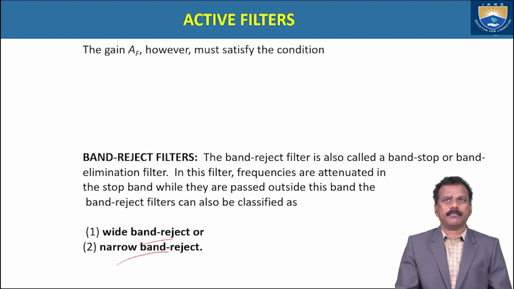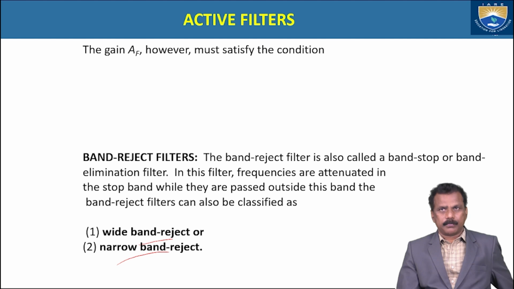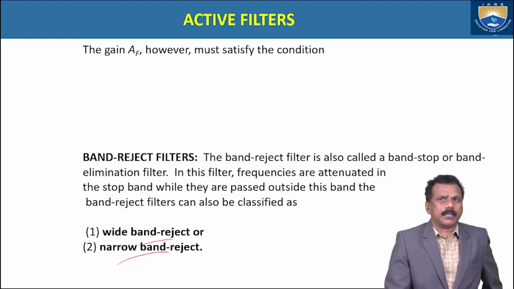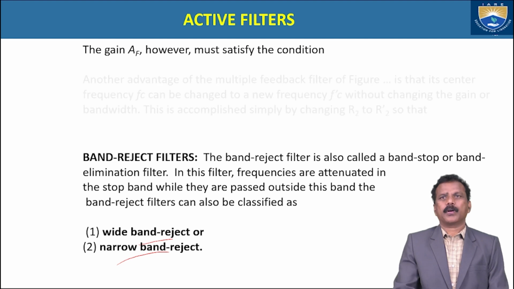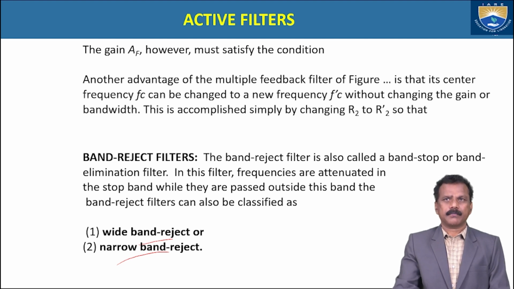The gain AF must satisfy the condition AF is less than 2 Q squared. Another advantage of this multiple feedback filter, as per the figure, is that its center frequency Fc can be changed to a new frequency Fc dash without changing the gain or bandwidth.